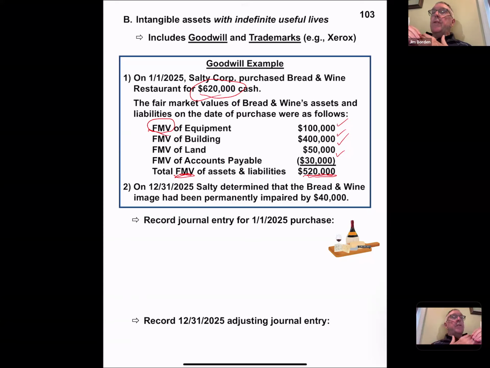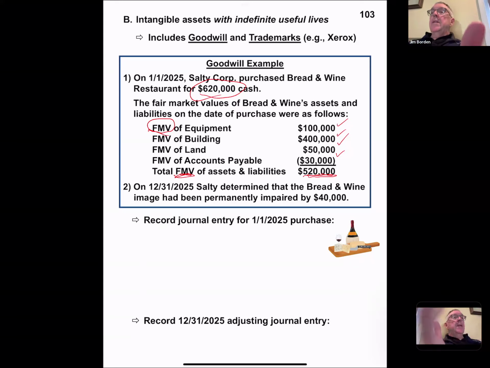So goodwill, first off, only comes about when one company is buying another company. So let's repeat that. The only way you'll ever see goodwill on a company's balance sheet as a long-lived asset is when that company has bought another company and they've paid more than the net fair market value of the company.